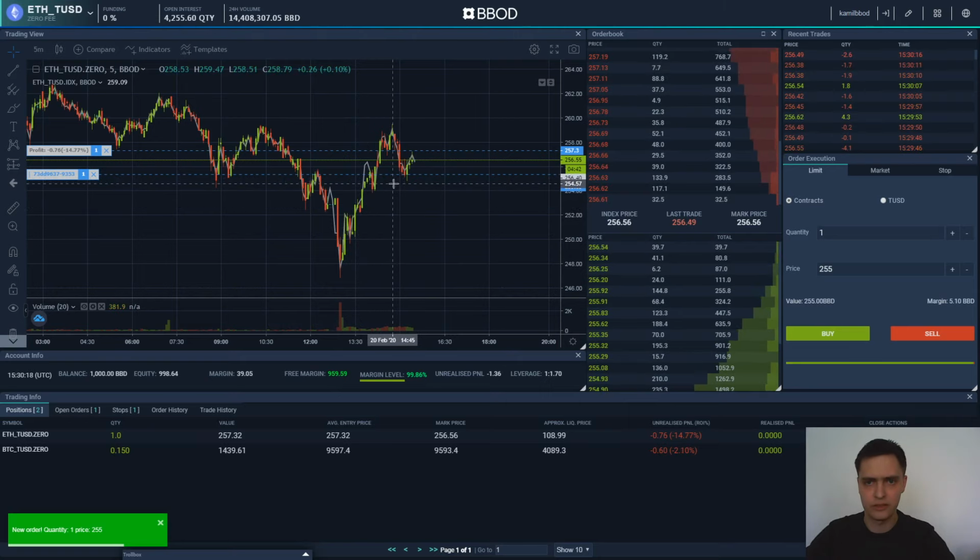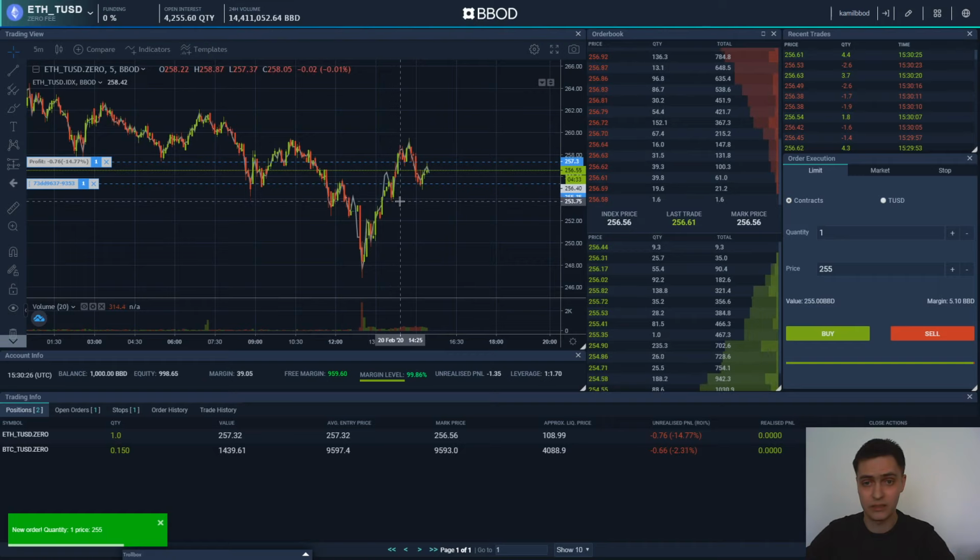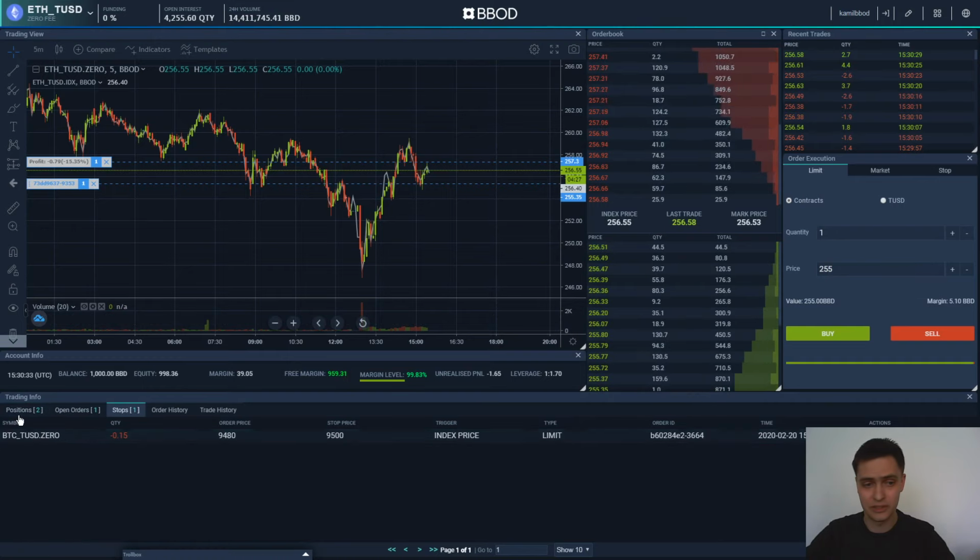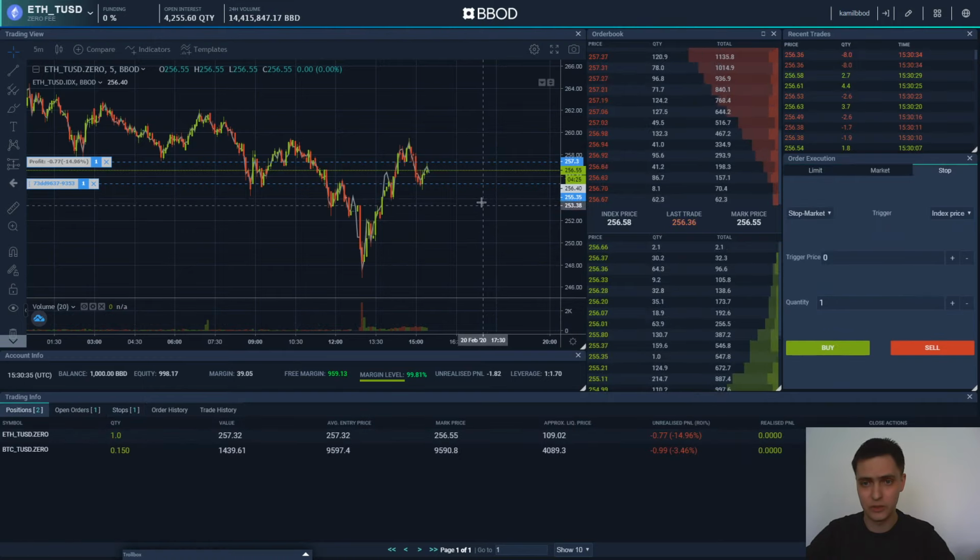Ethereum is on the rise, but on the other hand, breaking through 53.7, 53.6 might cause further losses. So I would recommend just using your stop loss to prevent the losses from rising.